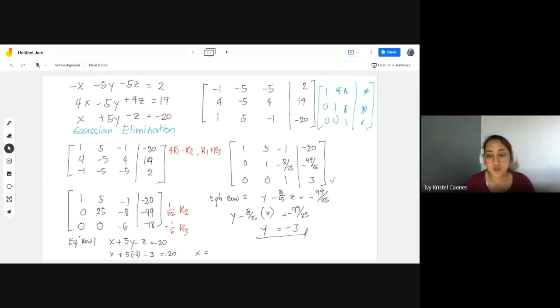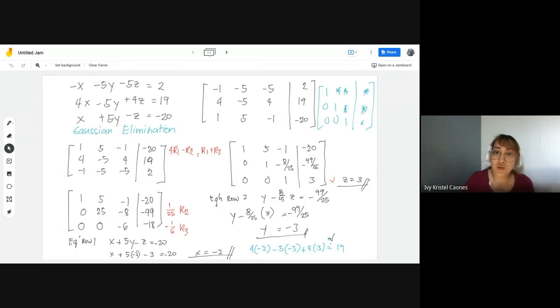Negative 20 plus 18, so our x is negative 2. Substituting it into our equation, let's say 4 times negative 2 minus 5 times negative 3 plus 4 times 3, is it equal to 19? So that is how you solve by Gaussian elimination, one row at a time.